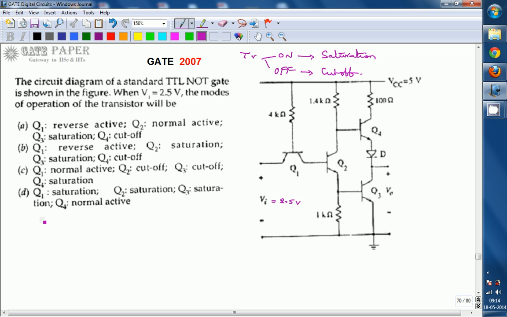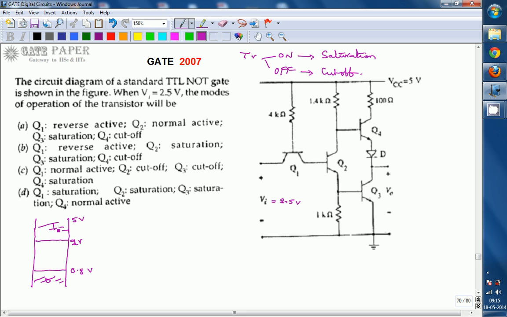If you check the logic levels of TTL, 0.8 volts is the maximum low level, that is logic 0, and the minimum high is 2 volts, from 2 to 5 volts, which is logic 1.